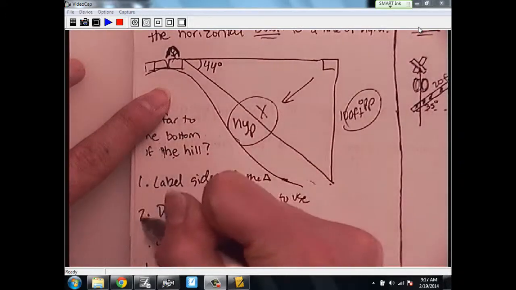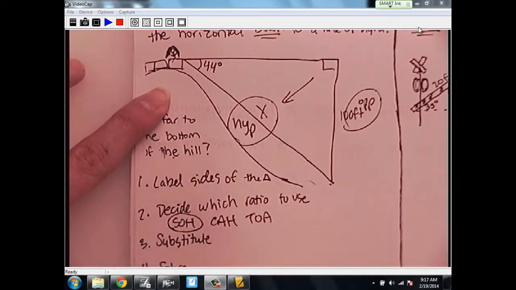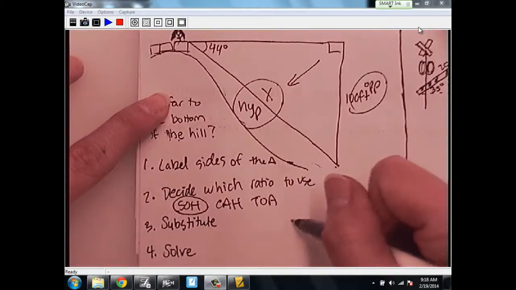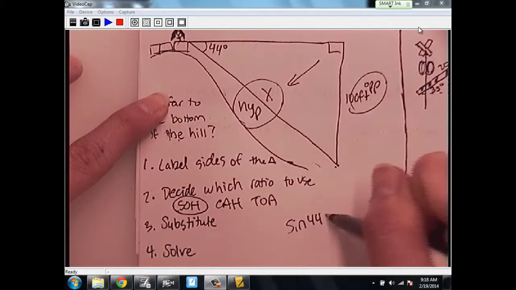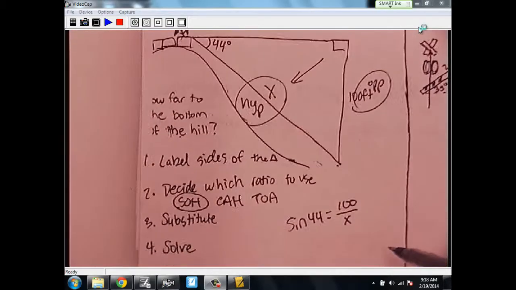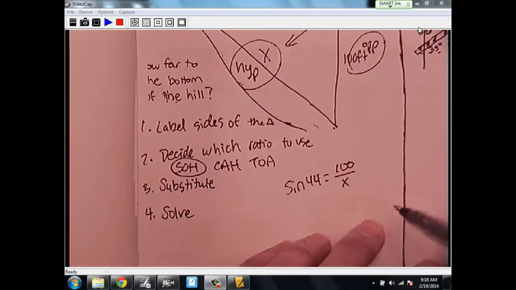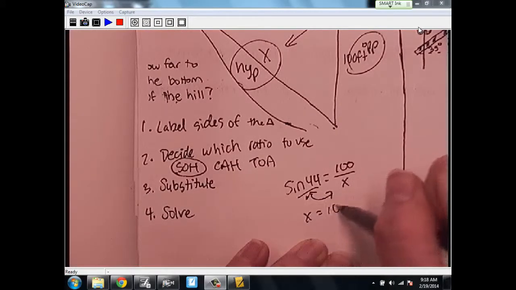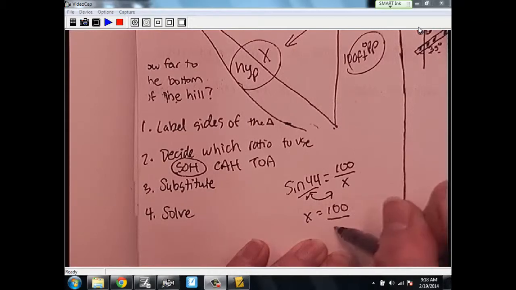So if we use sine, we say, well, sine of our angle, sine 44, equals, sine is opposite, which is 100, over hypotenuse, which is x. X is down in the denominator, so we are going to switch out the whole thing and divide. 100 divided by sine 44.